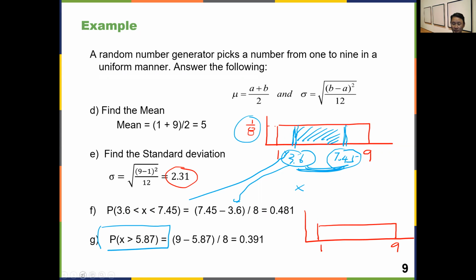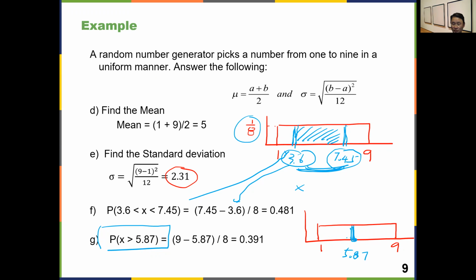But this time it says we want x to be bigger than 5.87. So let's say this is 5.87. I want x to be bigger than this number.